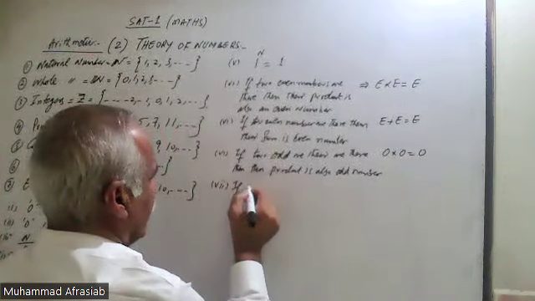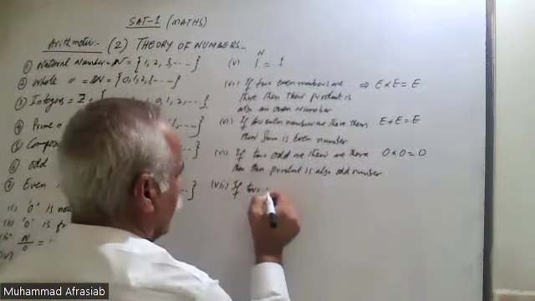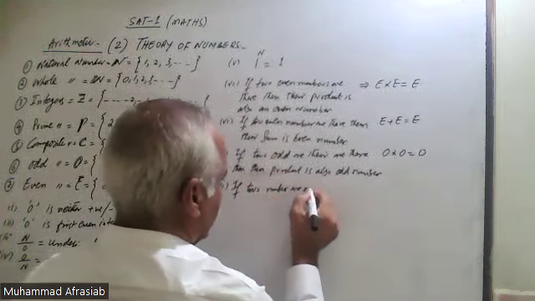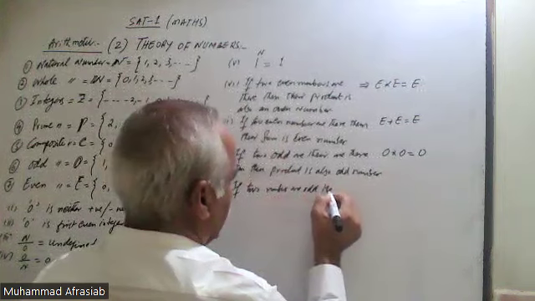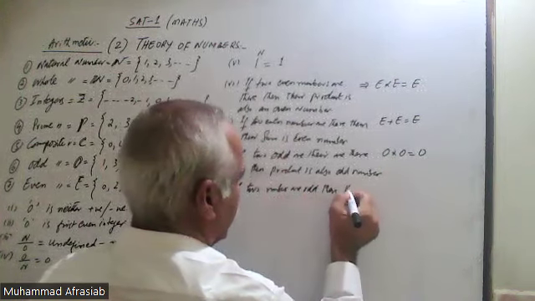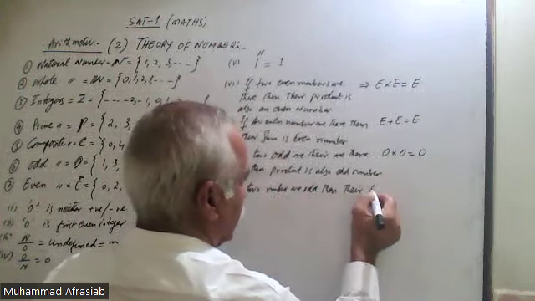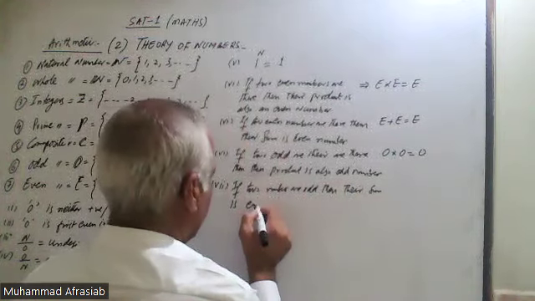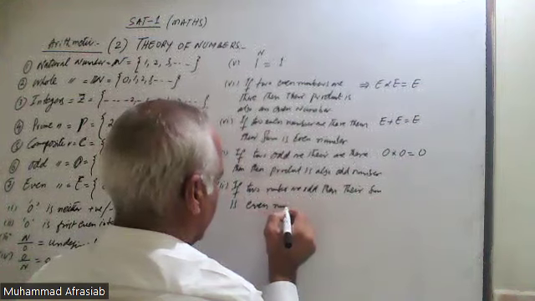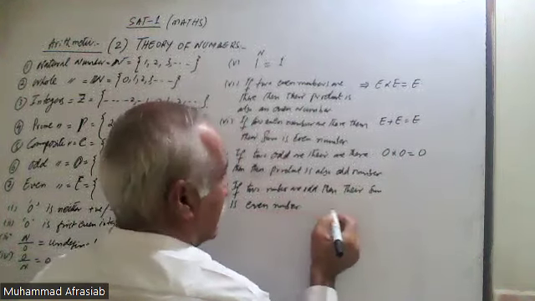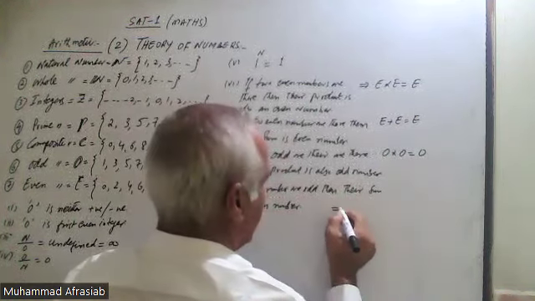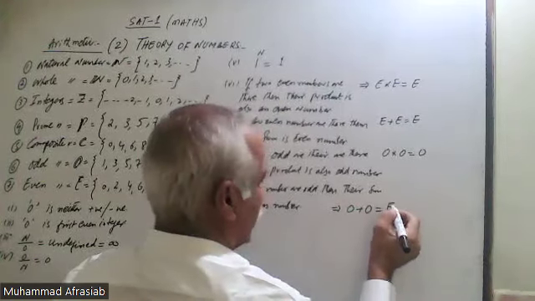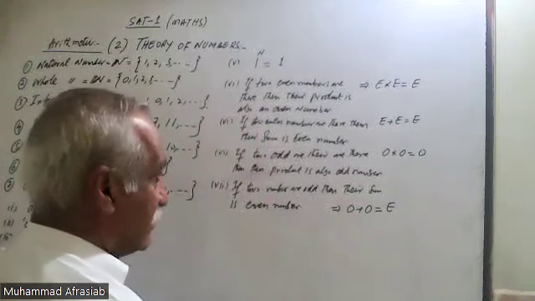If two numbers are odd, then their sum is even. That means odd plus odd, that is going to give you an even number there.